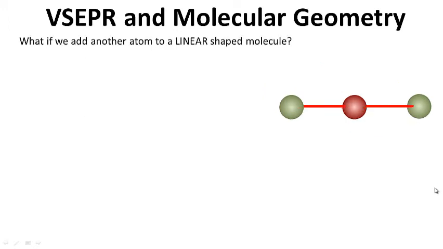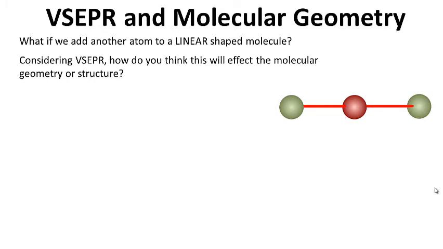But what if we added another atom to a linear-shaped molecule? Okay, keep VSEPR in mind. Considering VSEPR, how do you think this will affect the molecular geometry or structure? Okay, so let's add another atom here.